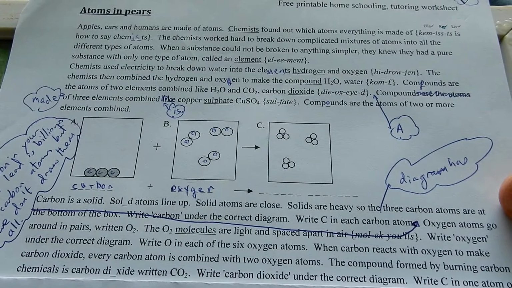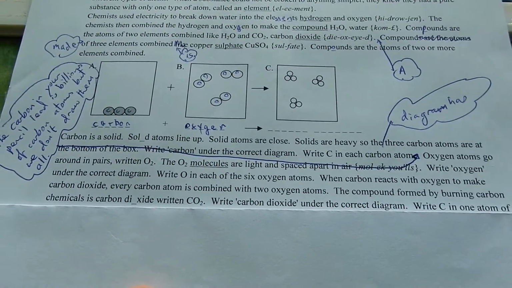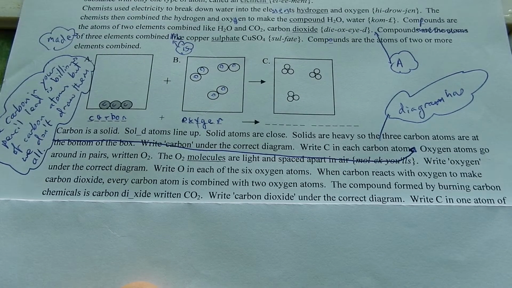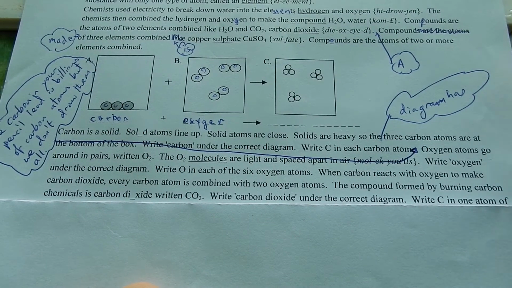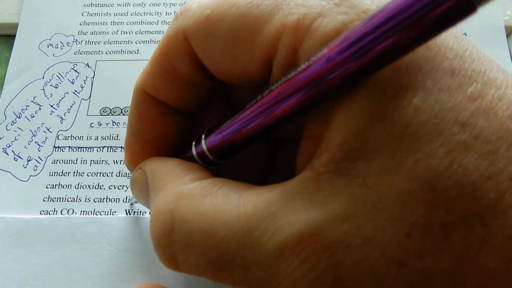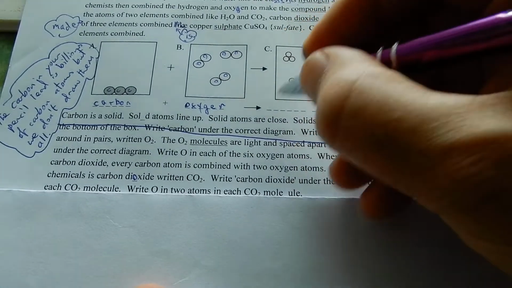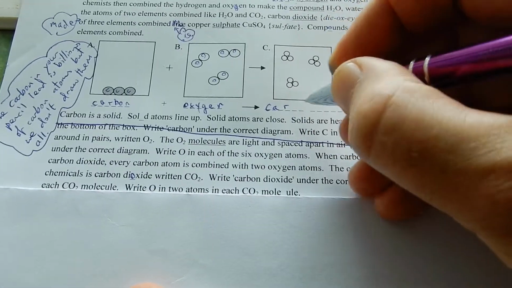When carbon reacts with oxygen to make carbon dioxide, every carbon atom is combined with two oxygen atoms. The compound formed by burning carbon chemicals is carbon dioxide, CO2. Write carbon dioxide under the correct diagram.